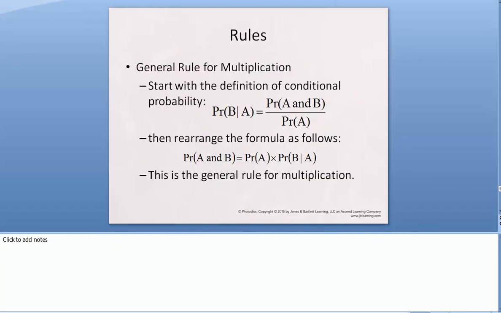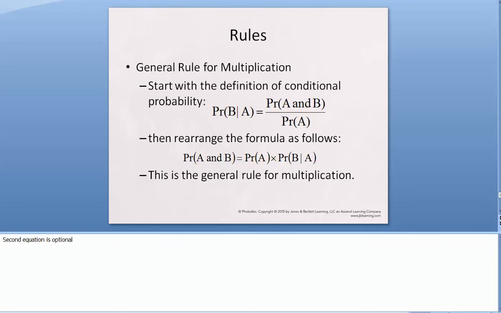Here, again, this is called the general rule of multiplication. This slide is pretty much a repetition of what was done before, in the previous slide.